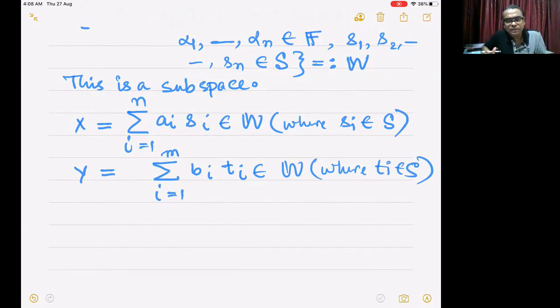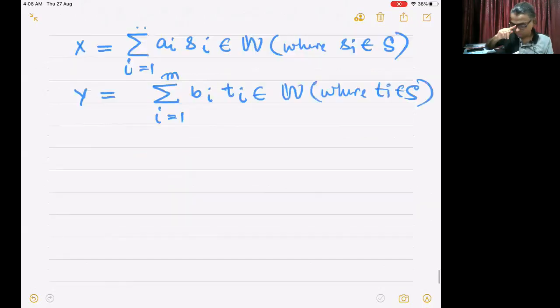So two arbitrary vectors x and y from W, where W, whether it is a subspace or not, I don't know, is the collection of all possible linear combinations of elements from S. Now, let alpha in F be arbitrary.